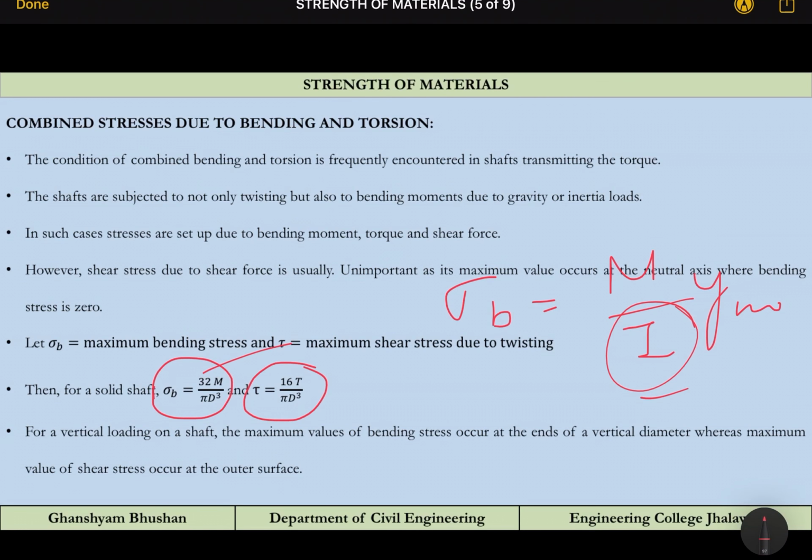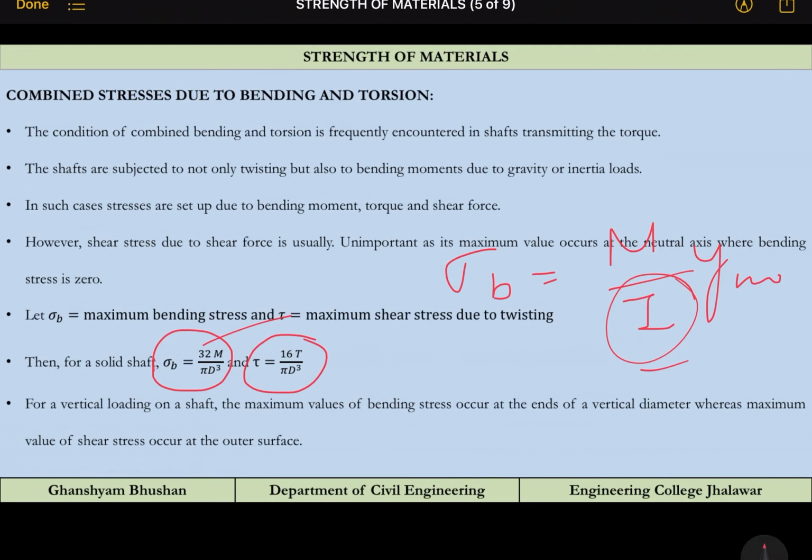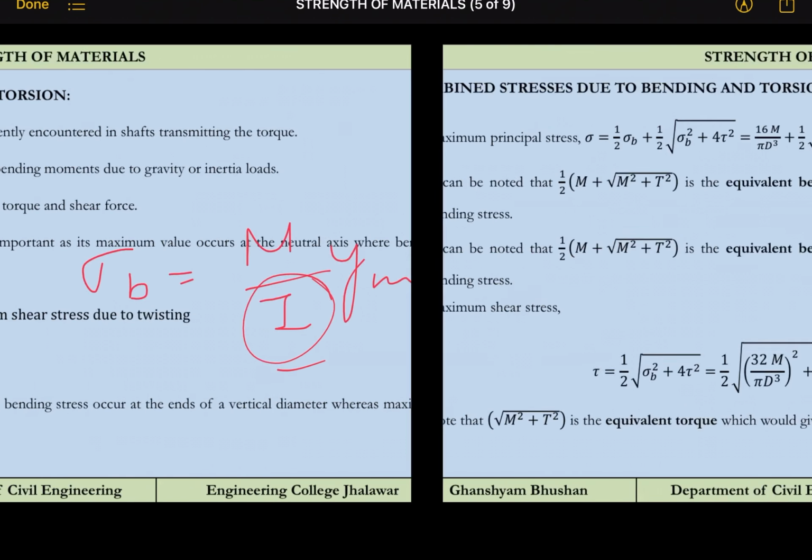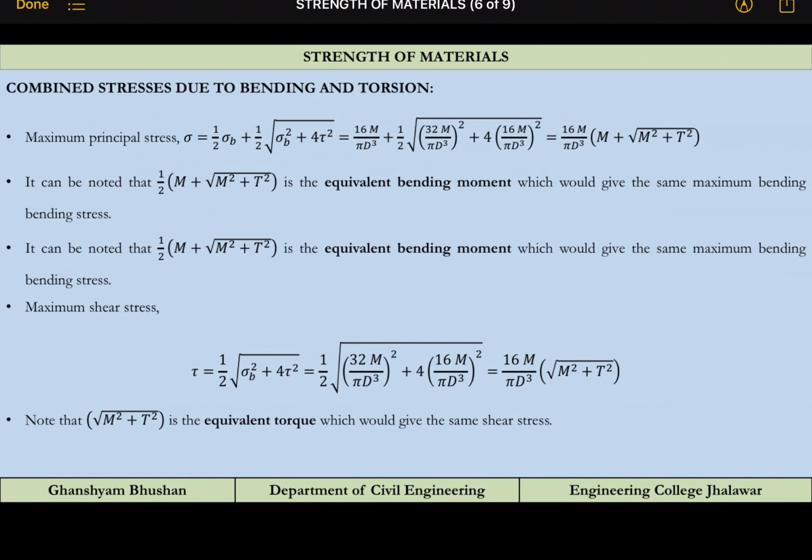For vertical loading on a shaft, the maximum value of bending stress occurs at the ends of the vertical diameter, whereas the maximum value of shear stress occurs at the outer surface. These things we have already discussed. Now we want to calculate the combined effect.